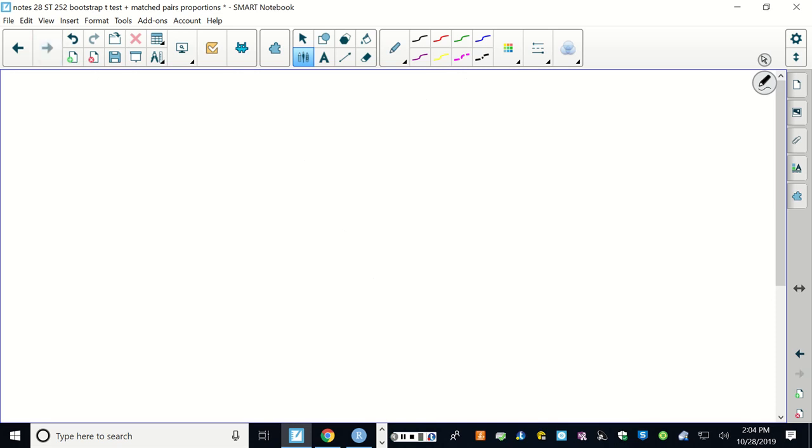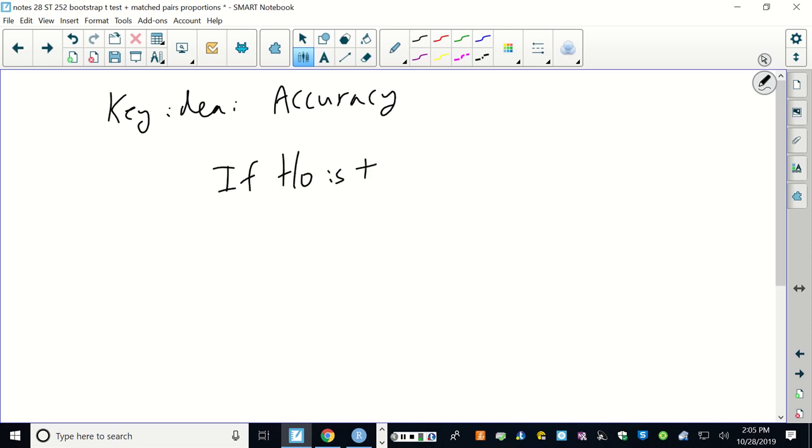The key idea is some type of accuracy. If H0 is true, the chance of rejecting H0 should be small.